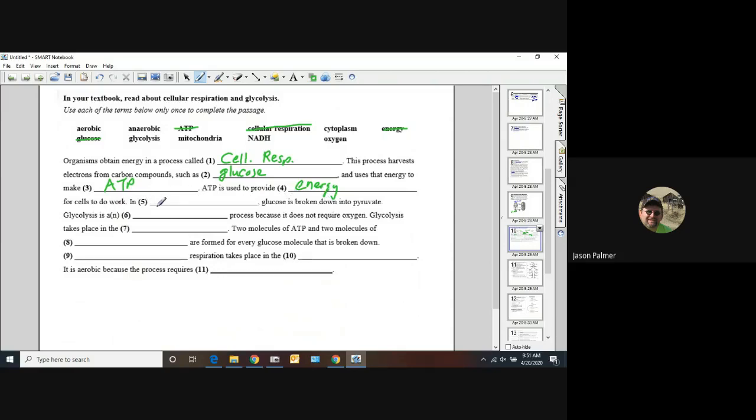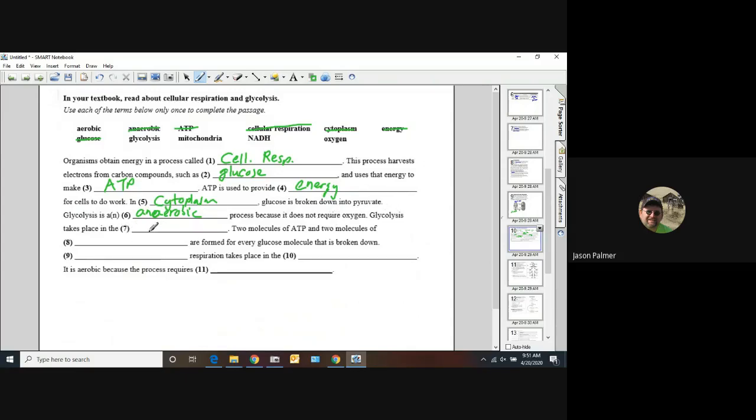Glucose is broken down all the way in the cytoplasm. Glycolysis is anaerobic because it doesn't require oxygen.